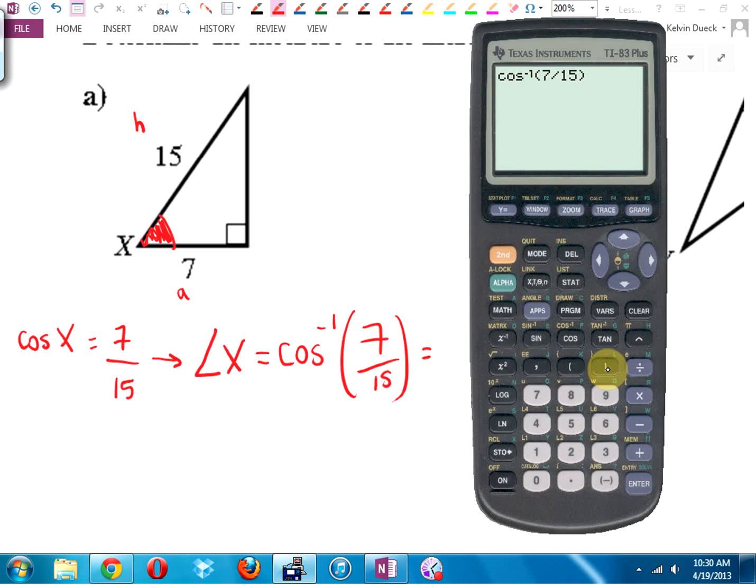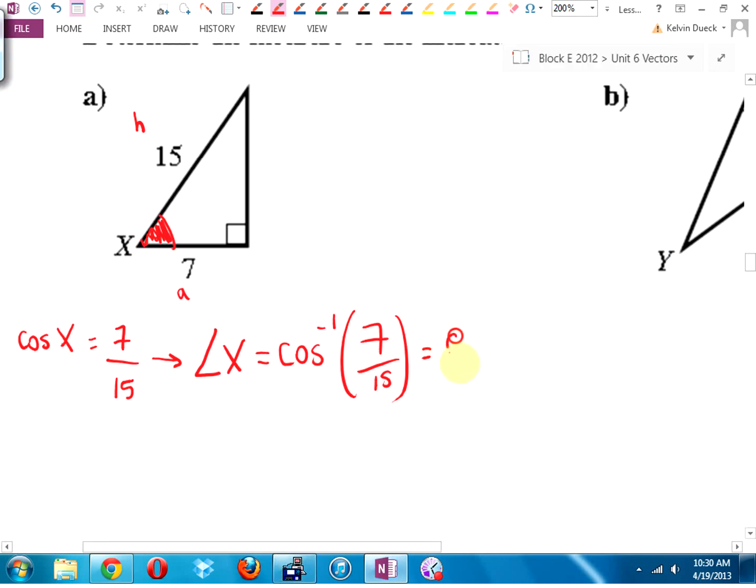Or if you have a cheaper calculator, you may have to go 7 divided by 15, press equals, and then go second function cos of that. And I hate those calculators. What angle? 62. Did I say to the nearest degree or to the nearest tenth of a degree? Nearest degree? 62 degrees.